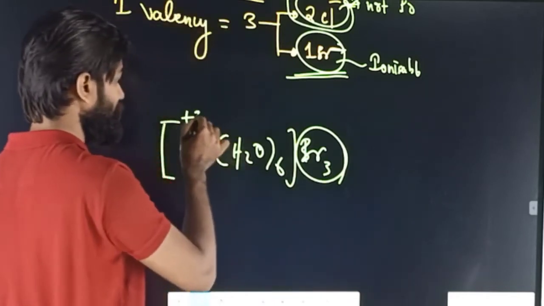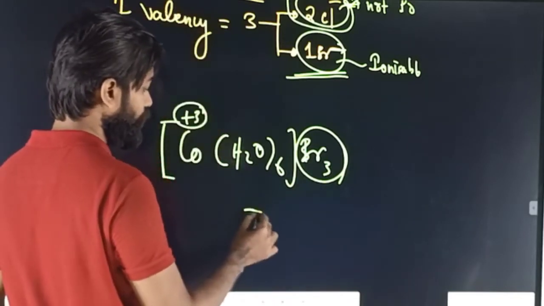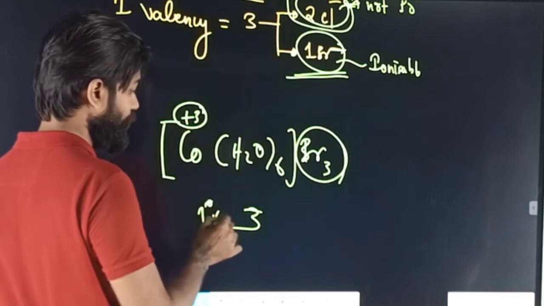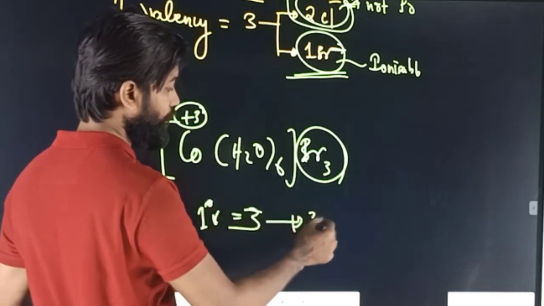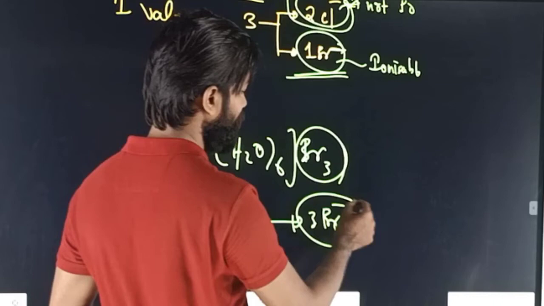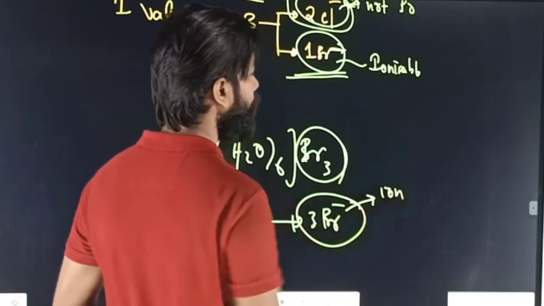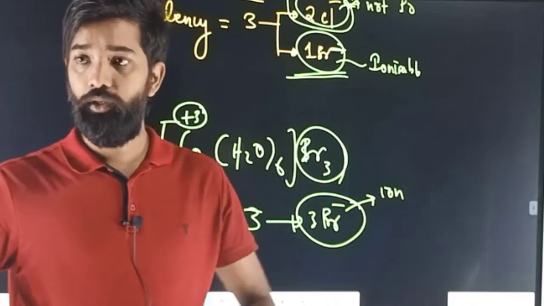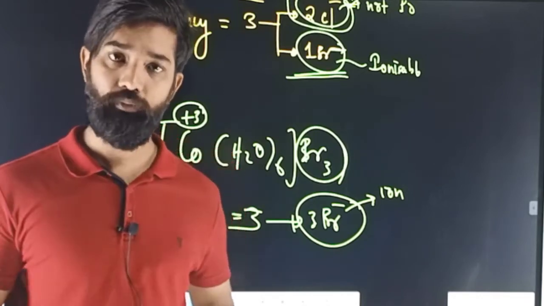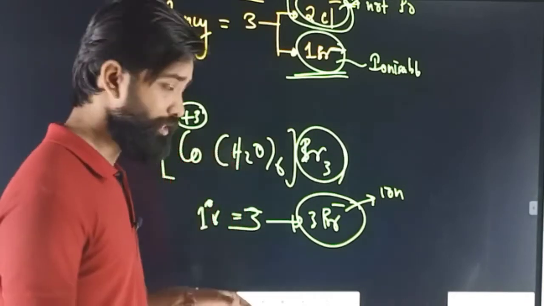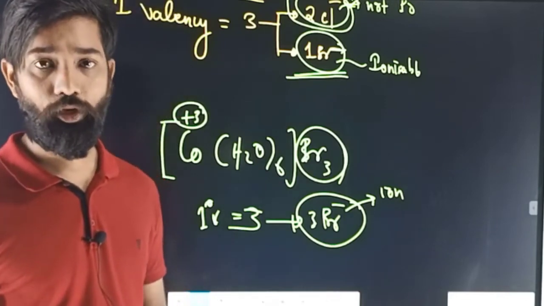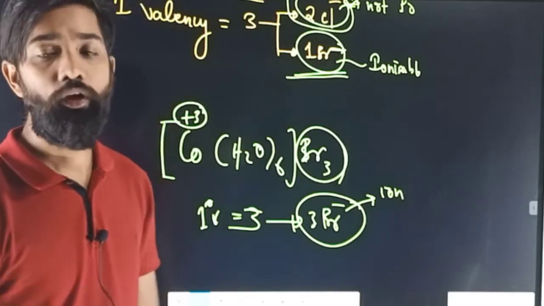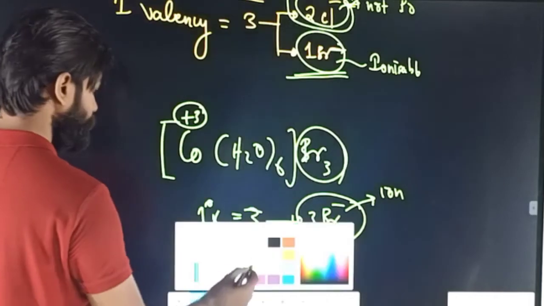The primary valency is +3, and that +3 is satisfied by 3 Br minus, where all 3 Br minus are ionizable. So usually groups of primary valency are counterions, sometimes it may be a charged ligand. If it is a charged ligand, it will be non-ionizable. If it is a counterion, it is ionizable. We know the concept. Okay, fine.